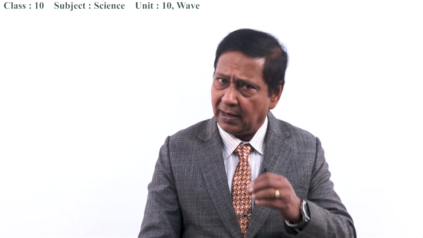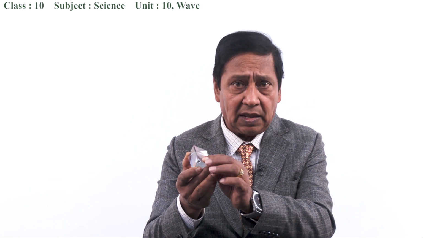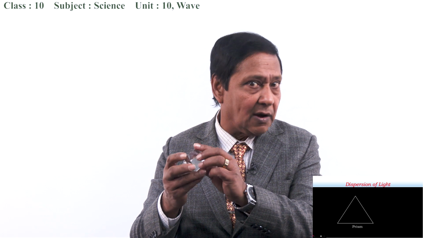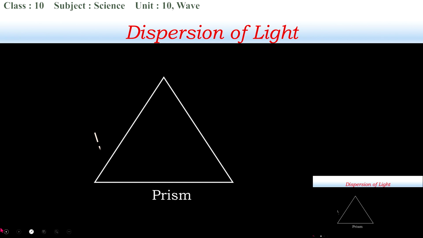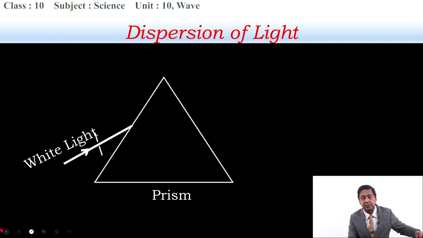I want to start with the help of a diagram. Let's have a prism. Look at this prism. Really it appears like this. This is a triangular prism and it is made of glass. We are using this prism for the dispersion of light. If a prism is taken and a cardboard is taken and a hole is made in the middle of the cardboard, and if we pass white light through this cardboard, then white light enters through the hole, and when it falls on the prism, what is found?